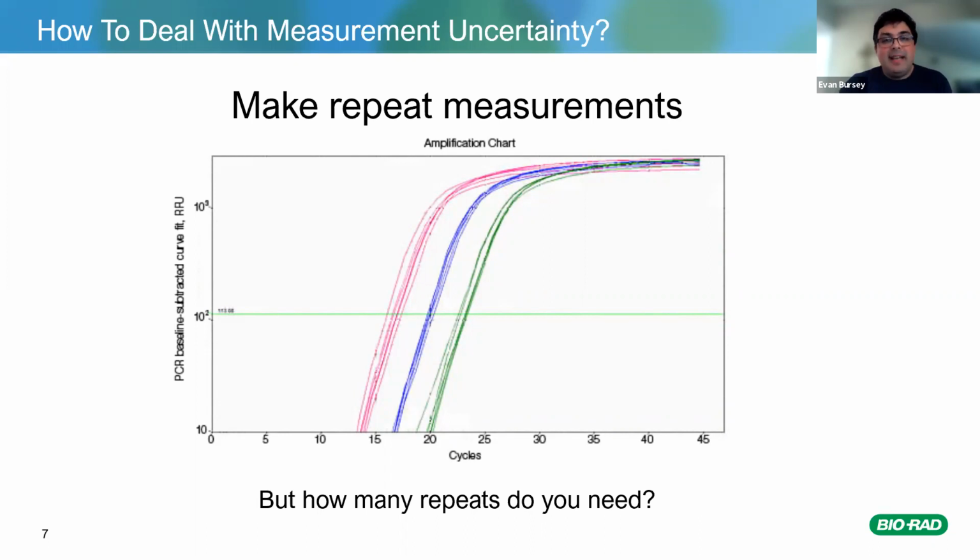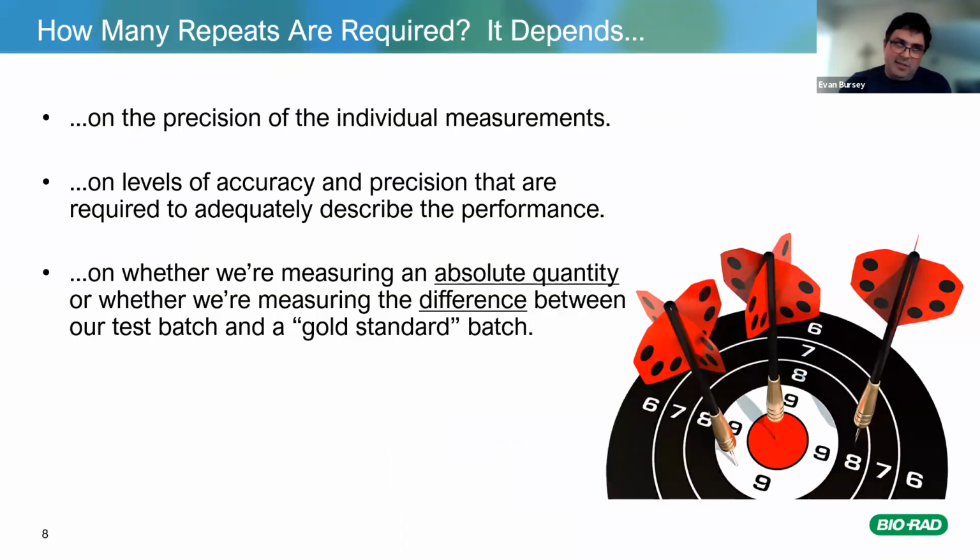And the answer, you might find it a little frustrating, is it depends, okay? How many repeats do you need? It depends on the precision of your individual measurements. So if you're making individual measurements and those CQ values are coming in right on top of each other, consistently over multiple experiments, then you probably don't need a lot of replicates.